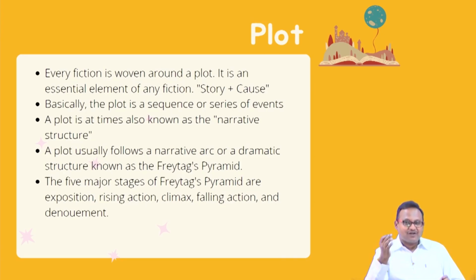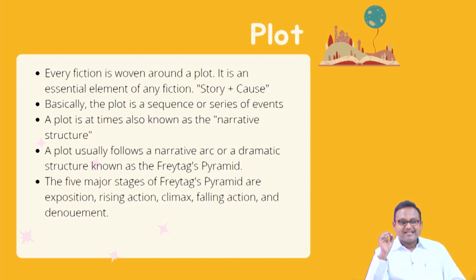So, the moment you talk of plot, you talk of a narrative arc which follows a particular way, a dramatic structure. There are 5 stages in which a plot is taken. Freytag's pyramid talks of the development of the plot in 5 stages. The 5 stages through which a plot develops in fiction is called the narrative arc.